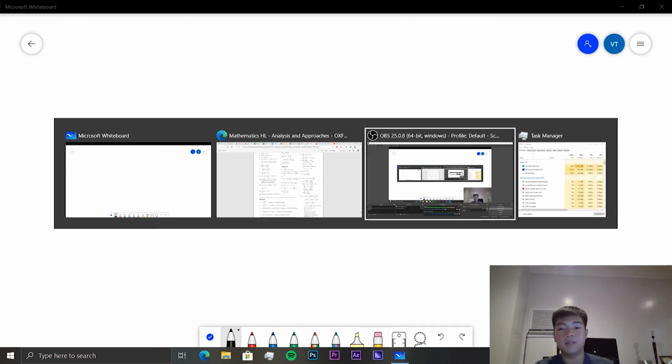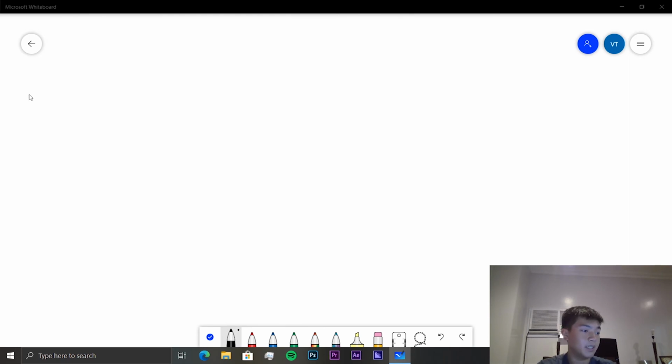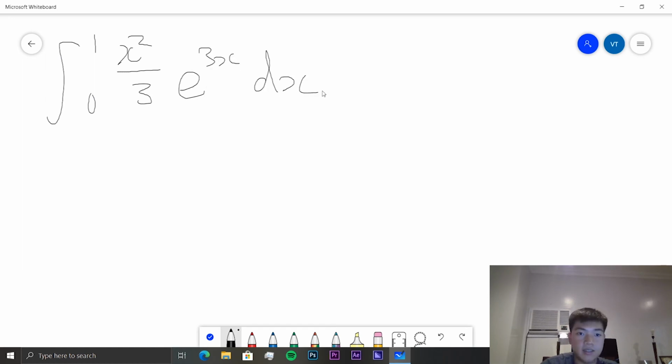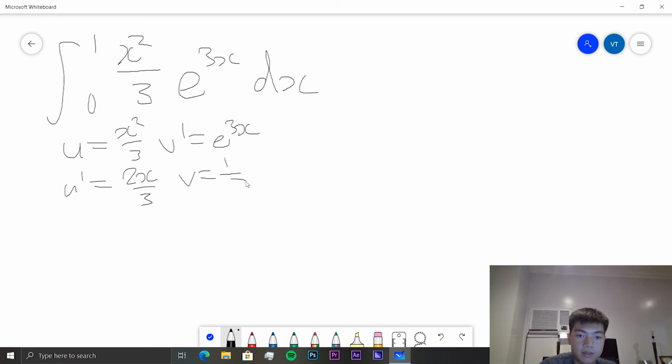And next we have the final question, which is the integral between 0 and 1 of x squared over 3 e to the 3x dx. So again, u is equal to x squared over 3, u prime is equal to 2x over 3, v prime is equal to e to the 3x, and v is equal to 1/3 e to the 3x.